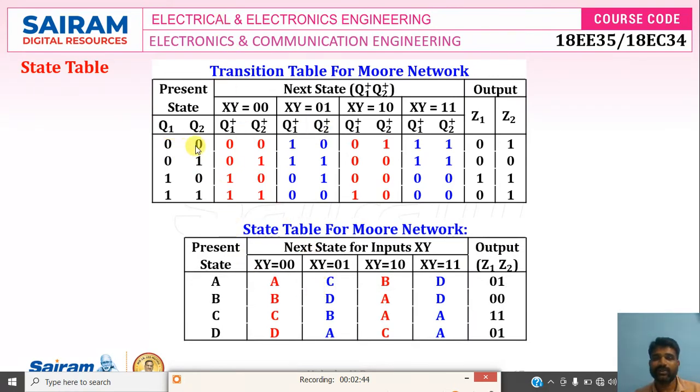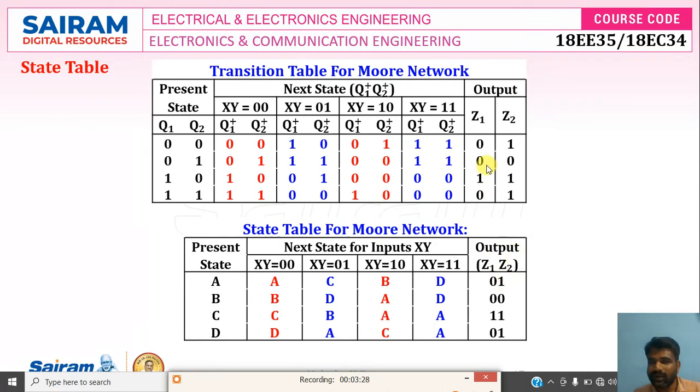Here also 00 is replaced with A, 01 with B, 10 with C, and 11 with D. Observe the column when xy is equal to 00: 00 is replaced with A, 01 B, 10 C, 11 D. When xy is equal to 01, it is 10, so C, 11 means D, 01 means B, 00 means A. And again 01 means B, 00 A, 00 A, and 10 C. So 11 D, 11 D, 00 A, again 00 A.